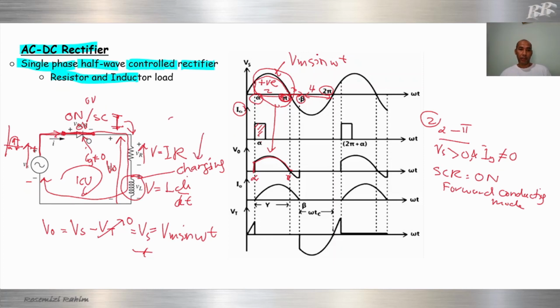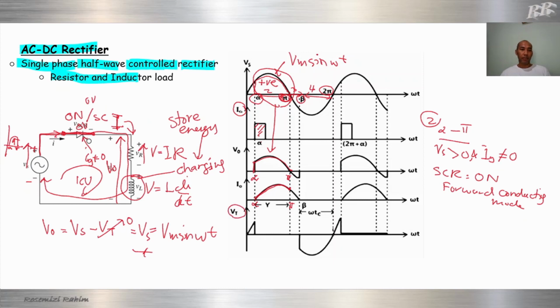It will charge and store energy starting from alpha until beta until pi. So from alpha to pi, our inductor will be in charge mode.